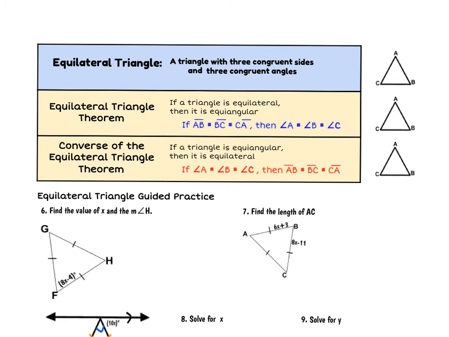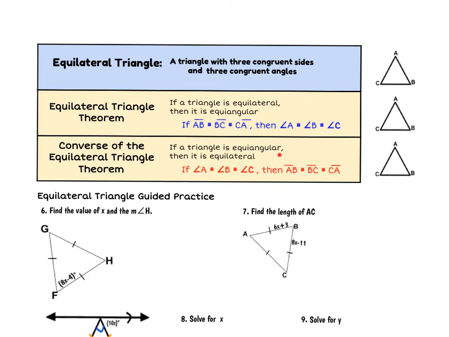Equilateral triangle theorem. If a triangle is equilateral, then it is equiangular. We've talked about this, I want to say 2 weeks ago, when we first brought up the notes, that equilateral triangles are also known as equiangular triangles. Now we have the official theorem for what we talked about previously. The converse is also true.